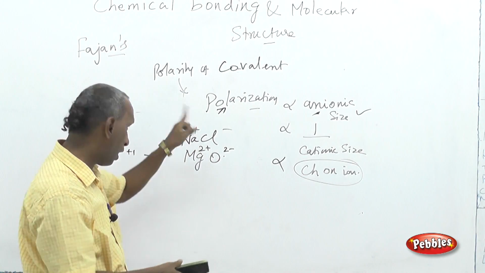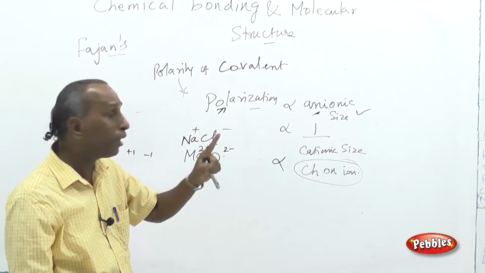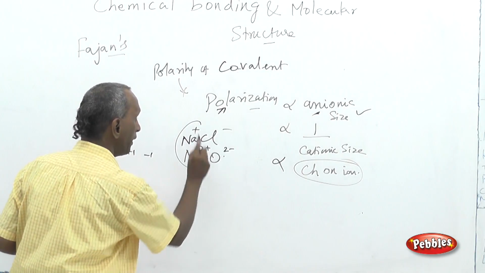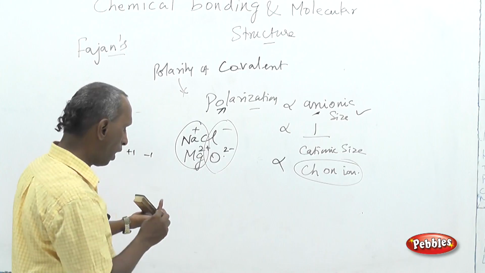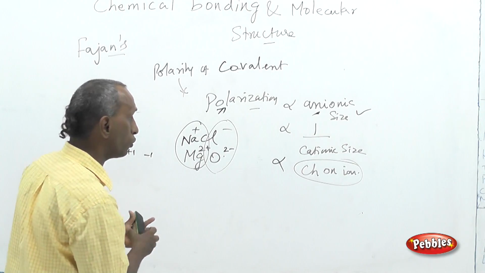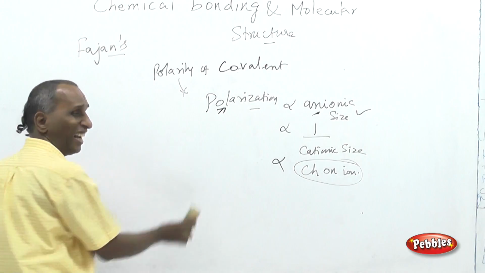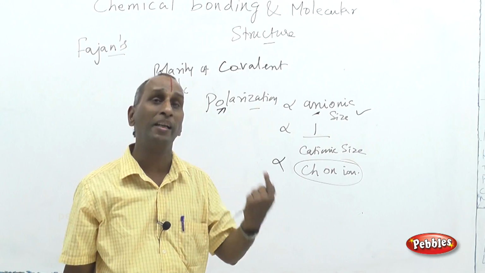All are ions, sodium ion, magnesium ion, oxygen ion, chloride ion, but the charge is higher. Comparing sodium and magnesium, magnesium loses 2 electrons. Comparing chlorine and oxygen, oxygen gains 2 electrons. So charge on the ion is greater means polarization is greater, and polarization is greater means covalent character is greater.